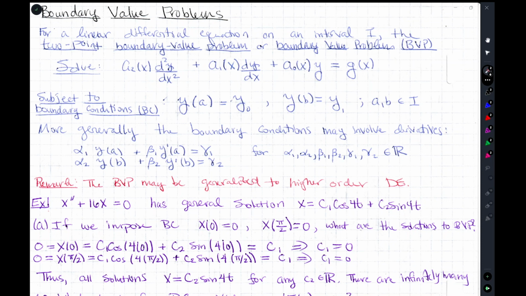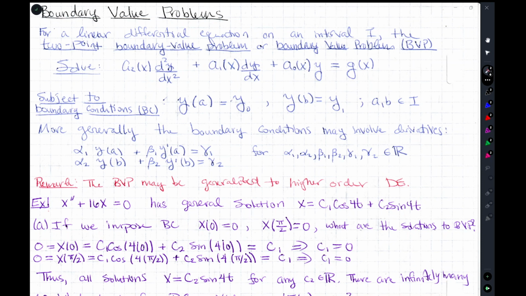There's nothing special about position. We could have also said we're going to specify the speed at the initial time and the speed at the future time. So instead of y(a) equals y naught and y(b) equals y1, you would have y prime(a) equals y naught and y prime(b) equals y1.